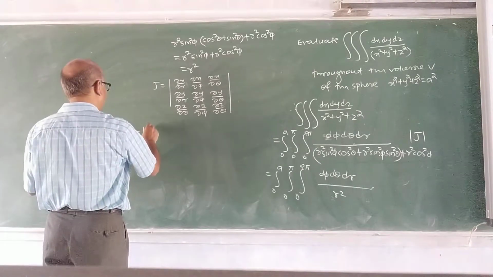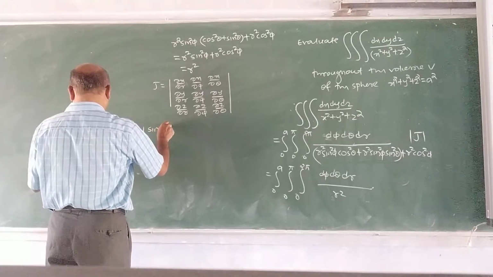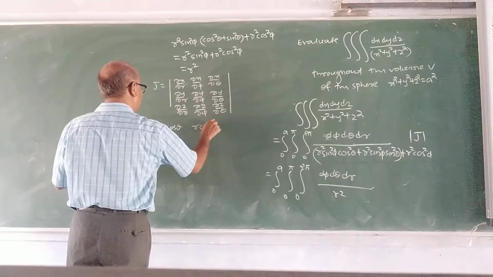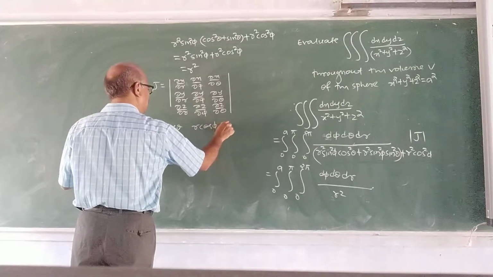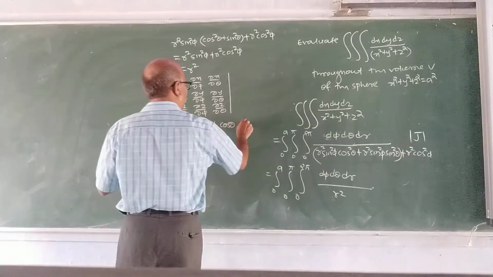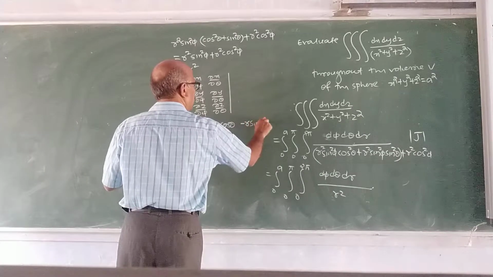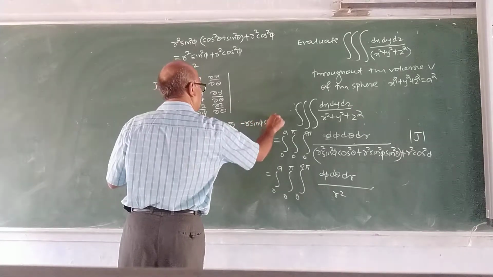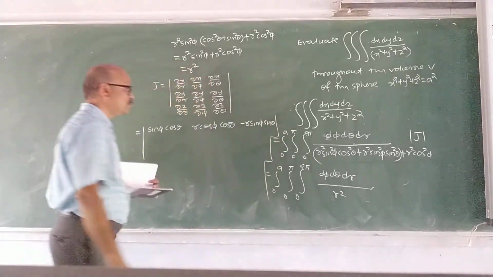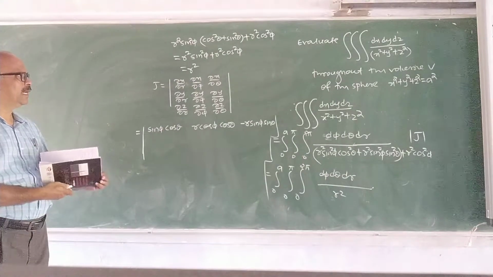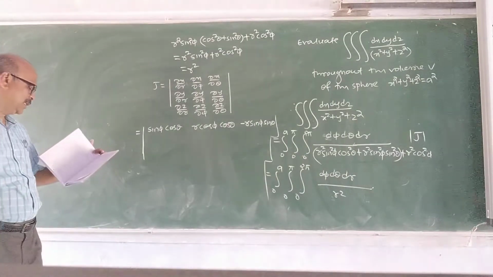Therefore, del x by del r is sin phi cos theta, del x by del phi is r cos phi cos theta, and del x by del theta is minus r sin phi sin theta.